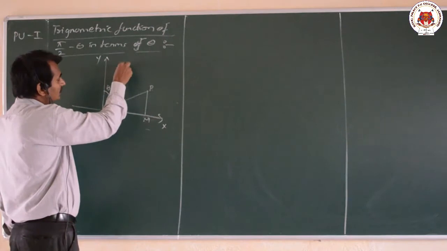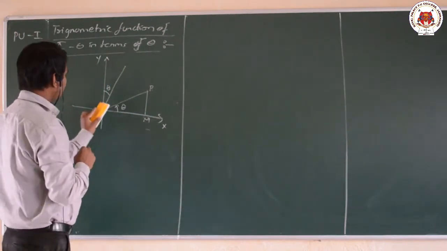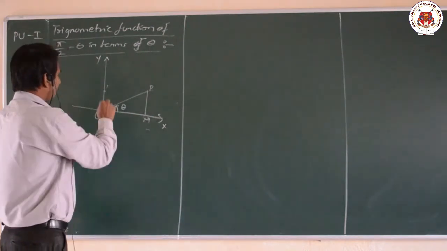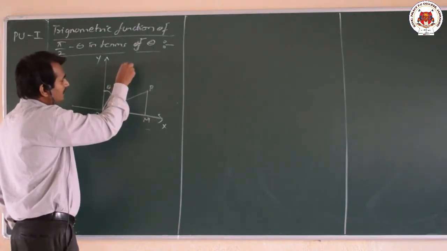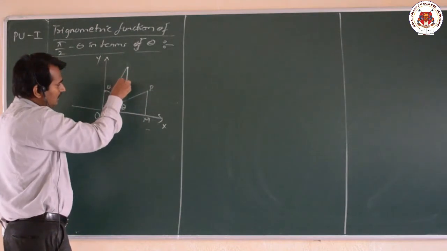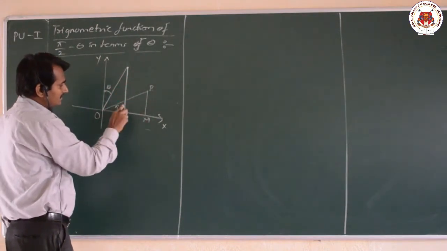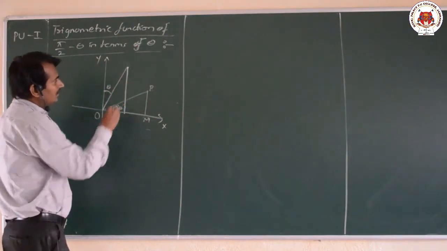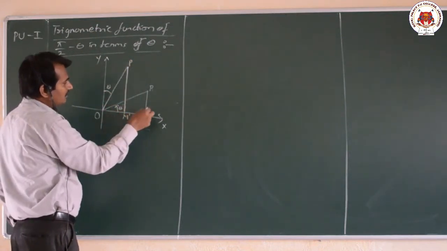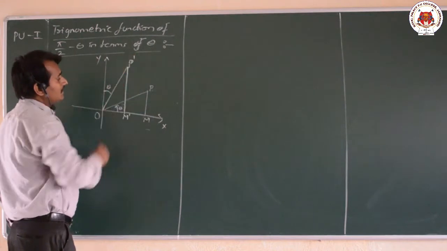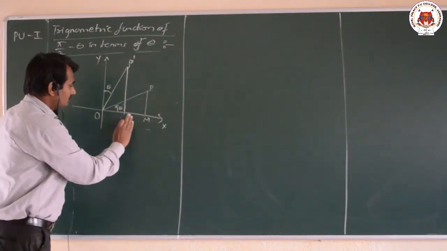From this particular point, I will draw the perpendicular to the x axis. It is our angle theta. Already we have taken P, so I will take this as P dash and M dash here.